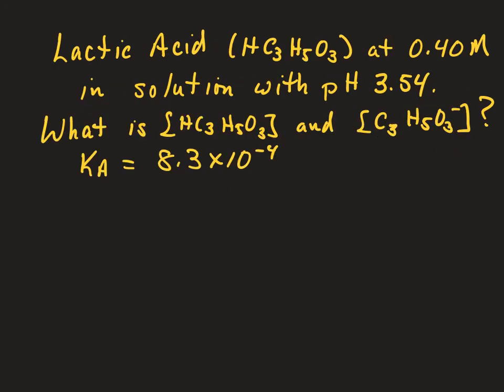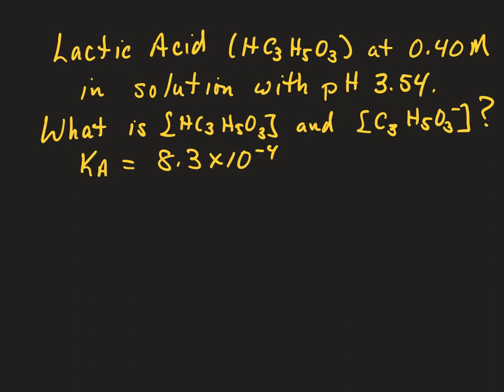Okay, so let's look at another kind of problem. Here we have a solution of lactic acid. We're going to make it 0.4 molar, but we're going to use something else. We'll put a pH meter in and add a little sodium hydroxide or a little hydrochloric acid, whichever is appropriate, to get the pH to be 3.54.